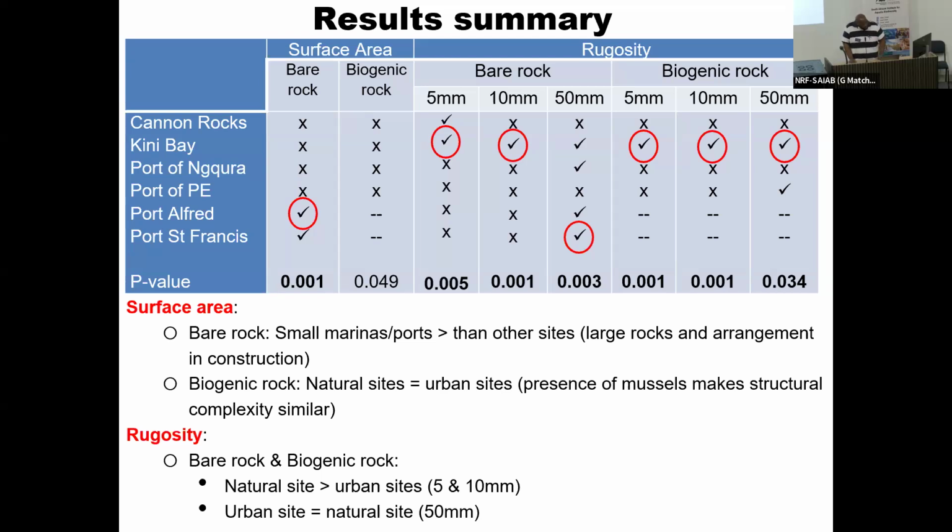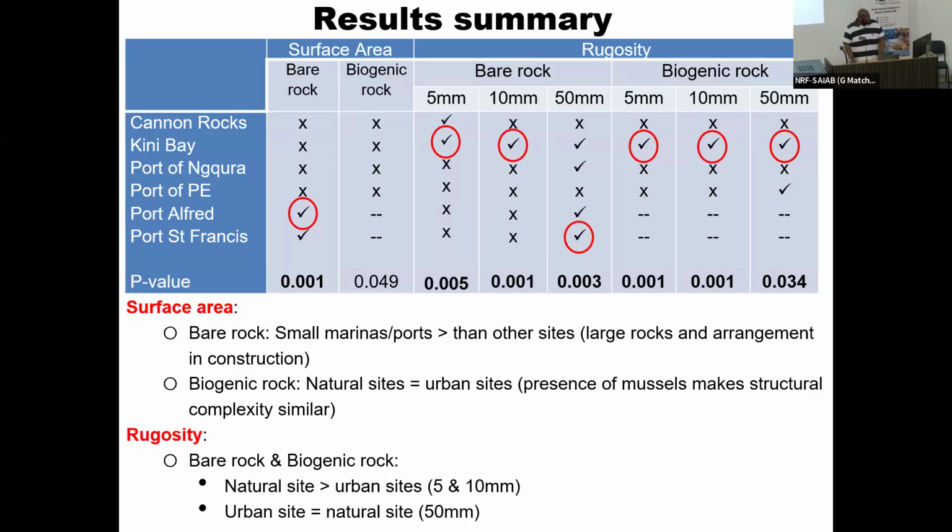For the biogenic rock, the natural sites were equal to urban sites, as you can see with the non-significant p-value there. We suspect that the presence of mussels makes structural complexity similar between natural and urban habitats.